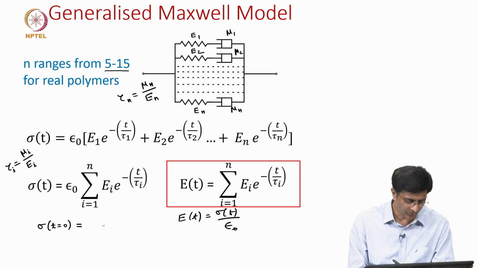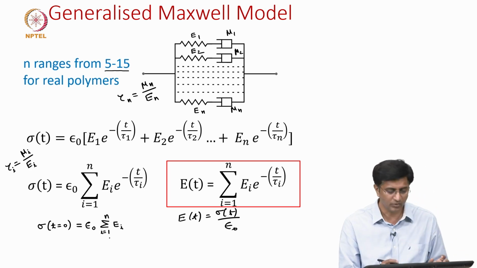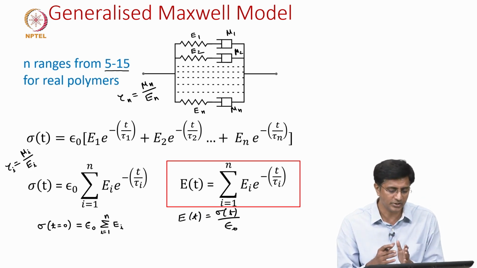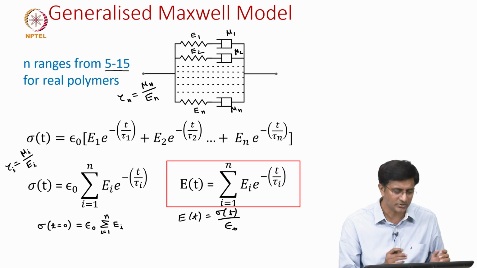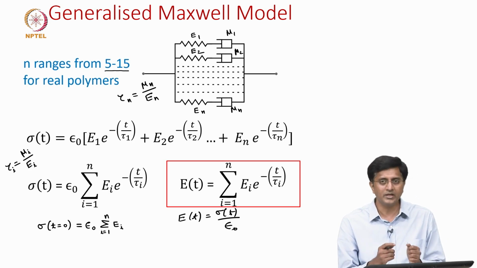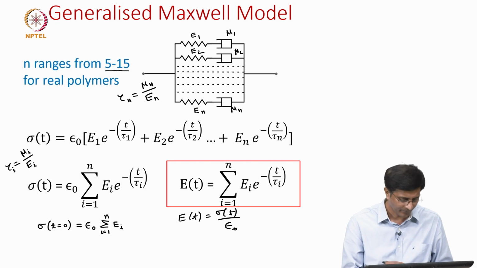So e power 0 is 1, which means this will be simply epsilon naught times the summation of i equal to 1 to n of Ei, or in other words the sum of all the spring moduli E1 plus E2 and so on up to En, times the applied strain epsilon naught. So this is all the instantaneous stress we get because of the relaxation load applied.